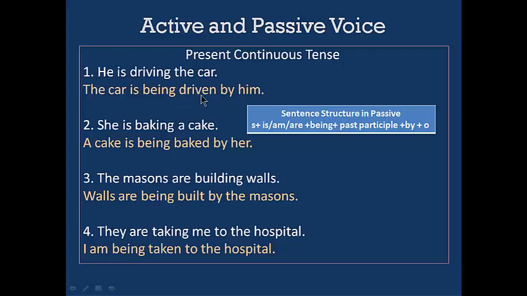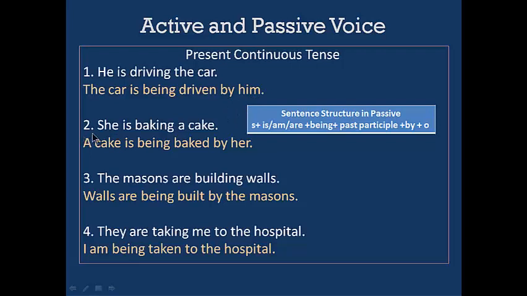And we have the third form of the verb here, or the past participle, by, and the subject of the active voice, he, changes into him. So the sentence in passive form will be, the car is being driven by him.